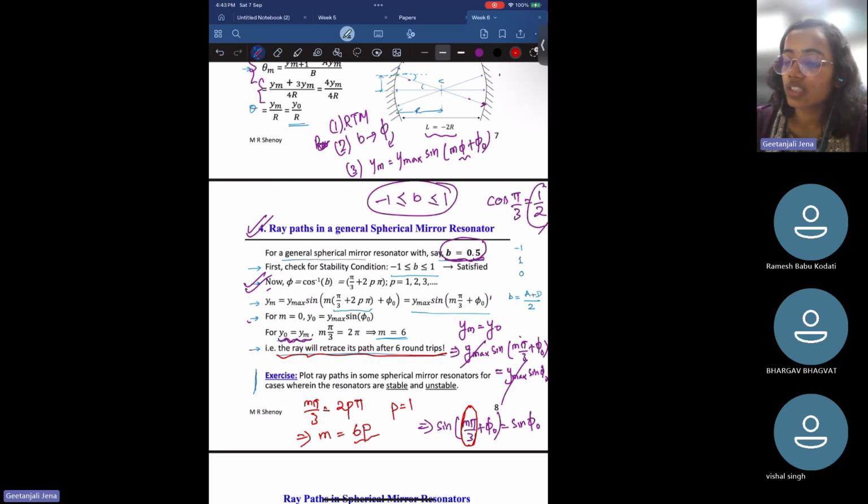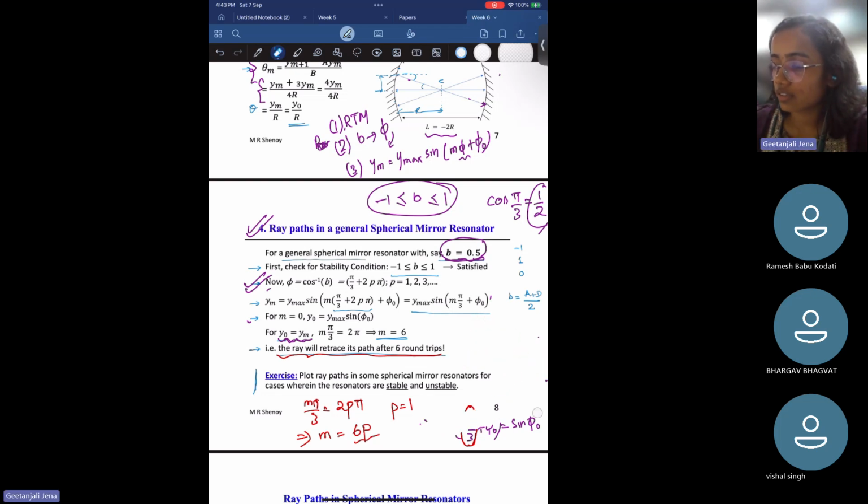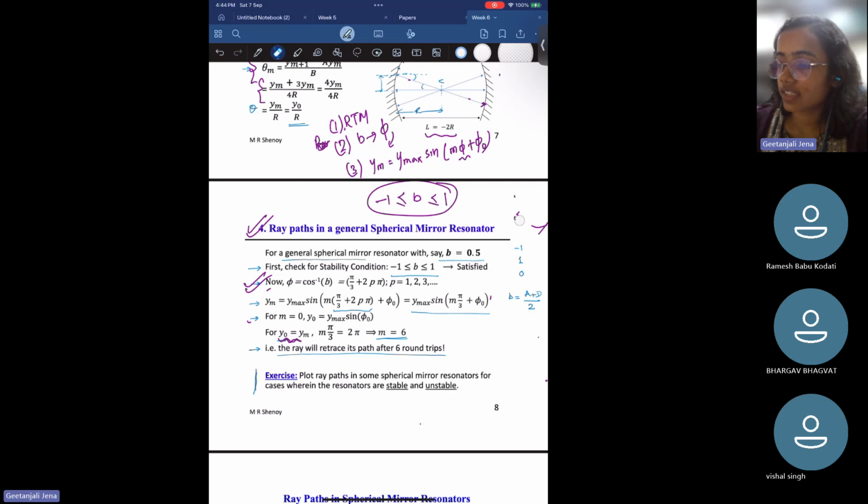Okay. So these are the steps to follow to find the minimum number of round trips so that the ray will retrace the path in each oscillation. As I said before, first we have to calculate the value of b.